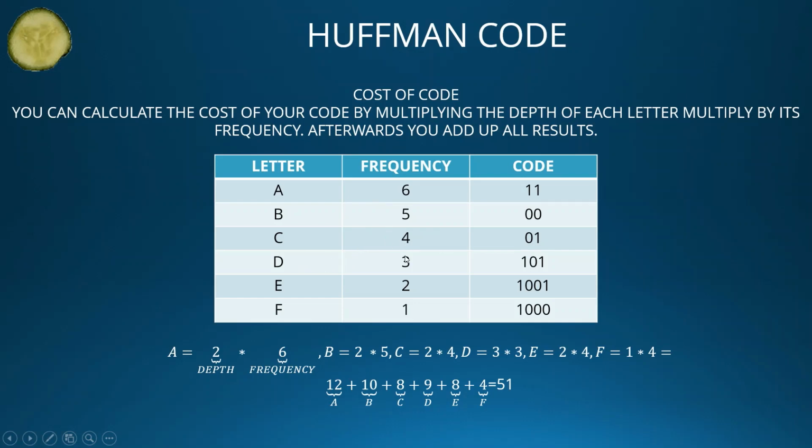And D, its frequency is 3 and the depth is 3. E, its frequency is 2 and its depth is 4. F, its frequency is 1 and its depth is 4 as well. So we combine all results and get 12 plus 10 plus 8 plus 9 plus 8 plus 4, which equals 51. Well, that's the story.